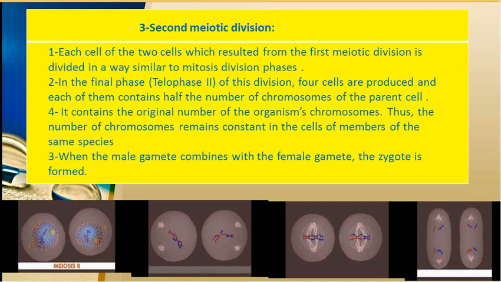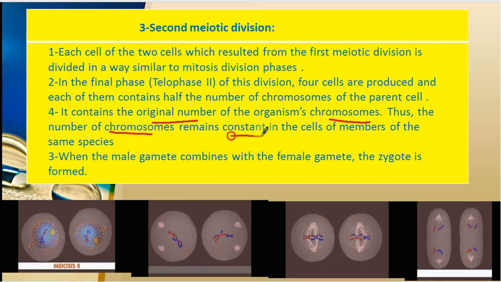In the final phase, telophase 2 of this division, 4 cells are produced, and each of them contains half the number of chromosomes of the parent cell. It contains half of the organism's original chromosome number, and the number of chromosomes remains constant as in mitosis.